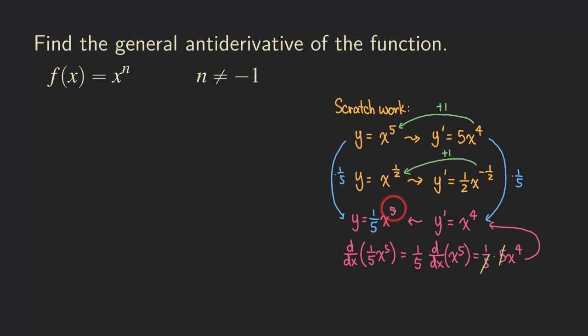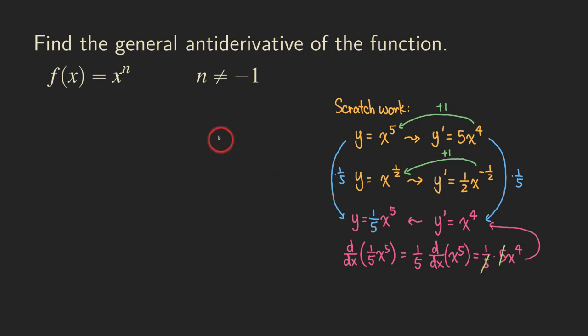And this 5 is the same number as our denominator here. So we are going to just do 1 divided by this new power. We should really think of it as multiplying this function by the reciprocal of the new power. Then we have our antiderivative.